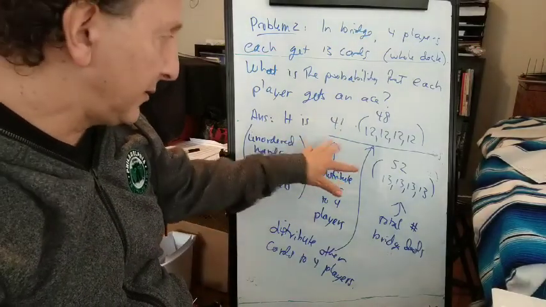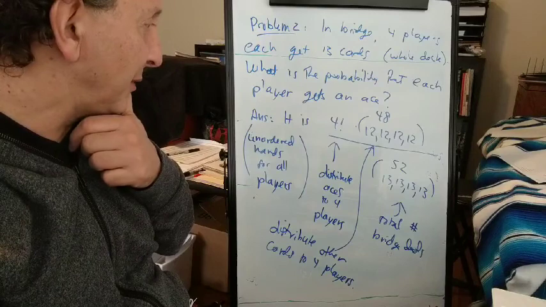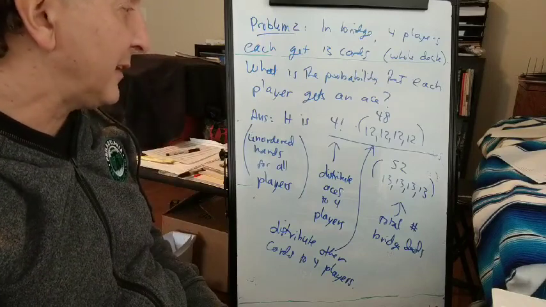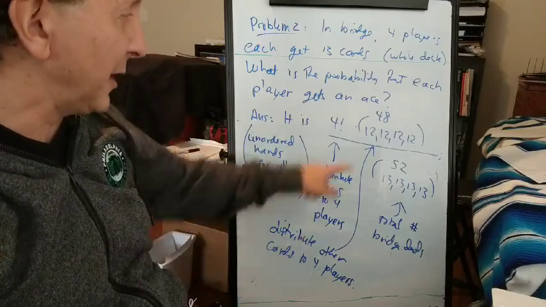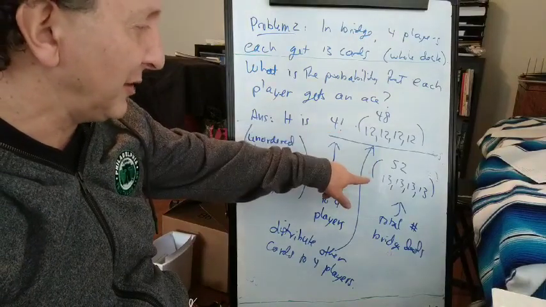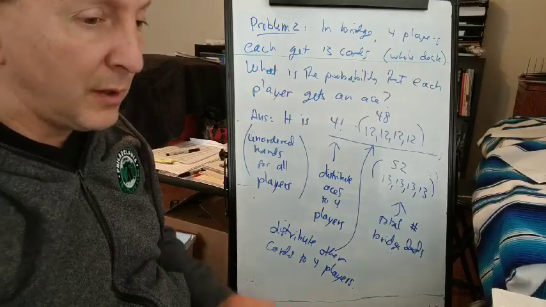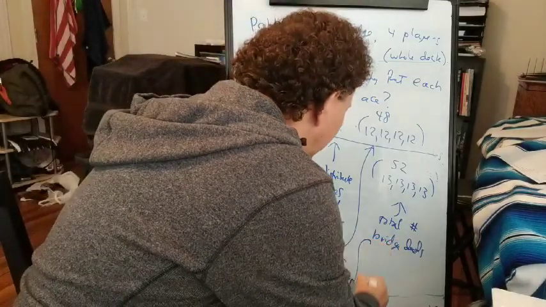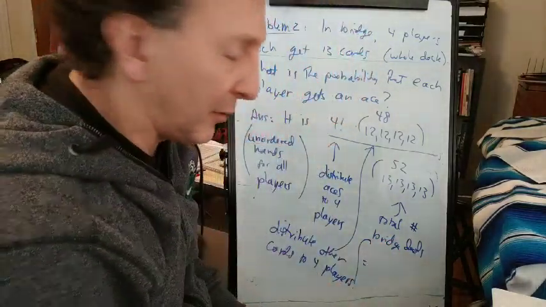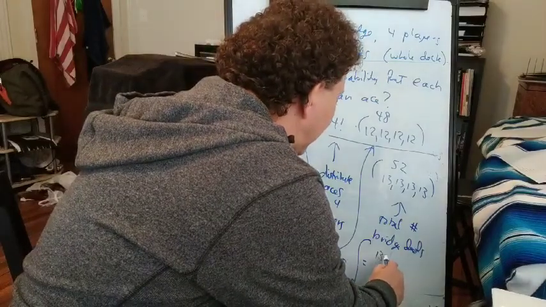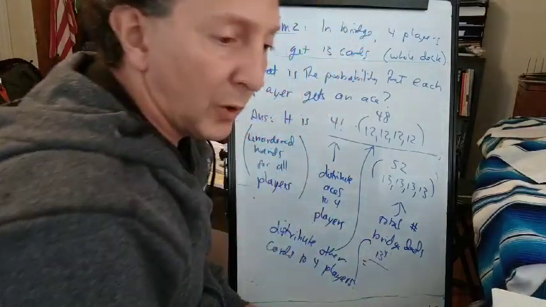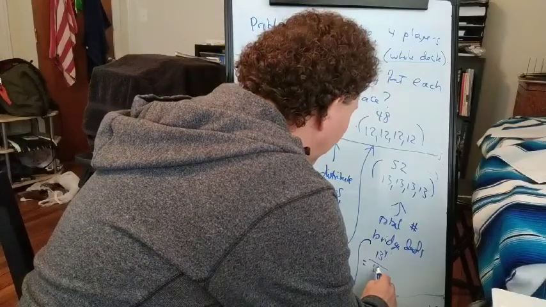So I think this is a good expression, simplified enough. There is a lot that can cancel because we've got a bunch of 12 factorials and a bunch of 13 factorials, which are mostly going to cancel. So just to write this here, I managed to write it as 13 to the 4th over 52 choose 4.